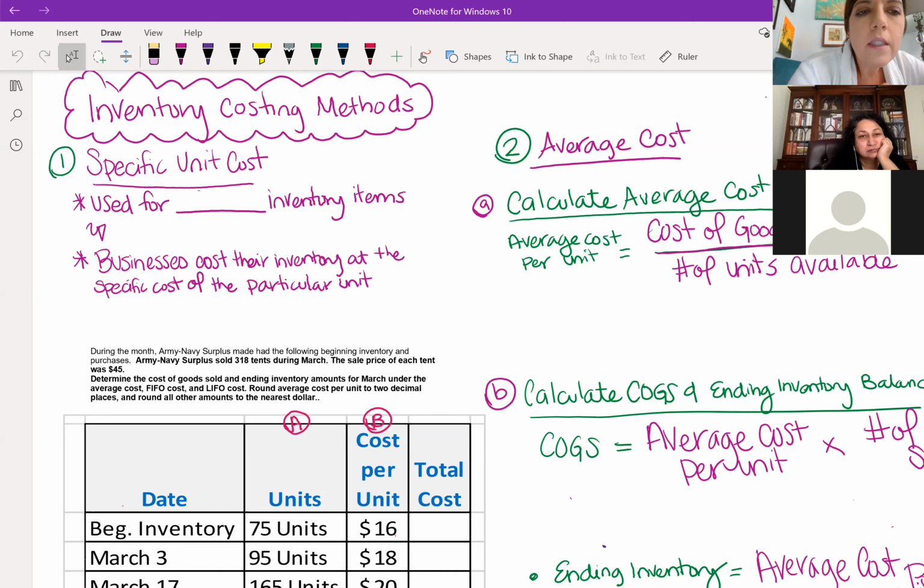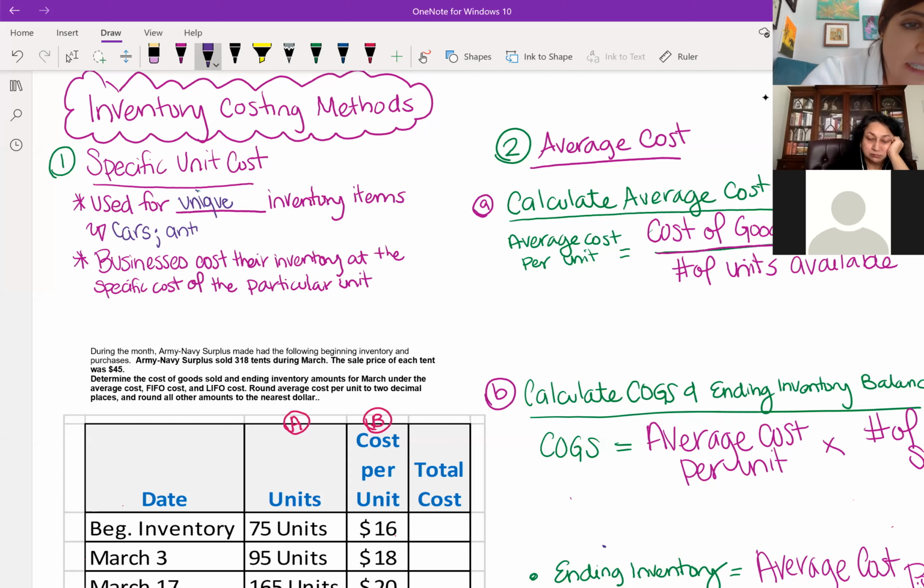For the first method, specific unit cost, this is used only by companies that have very unique inventory items, because it's extremely expensive to use. So companies that sell cars, antiques, high-end jewelry and jewels, and real estate are going to be using this method.